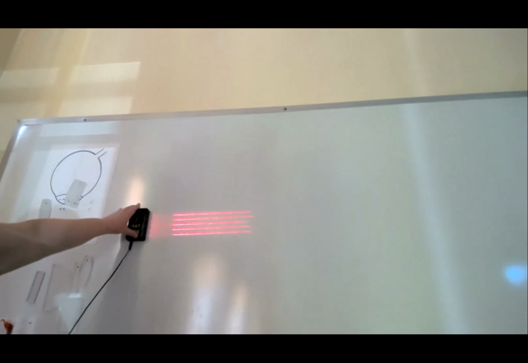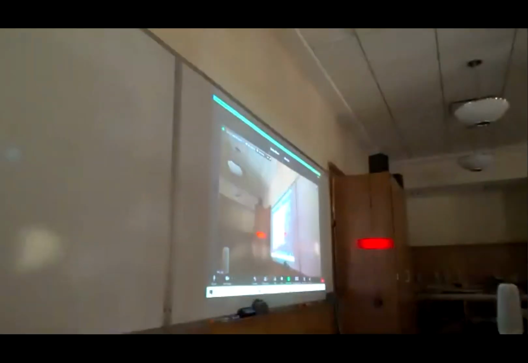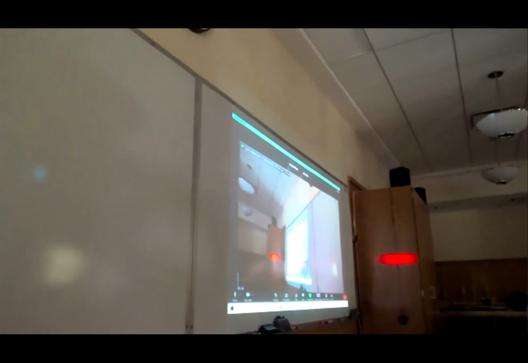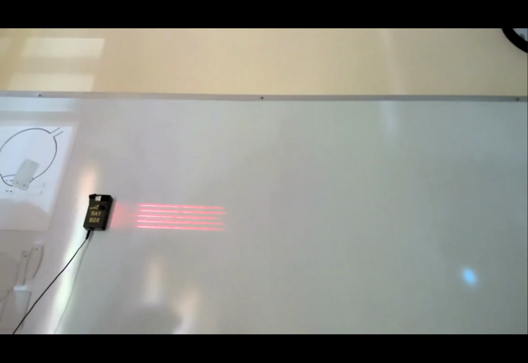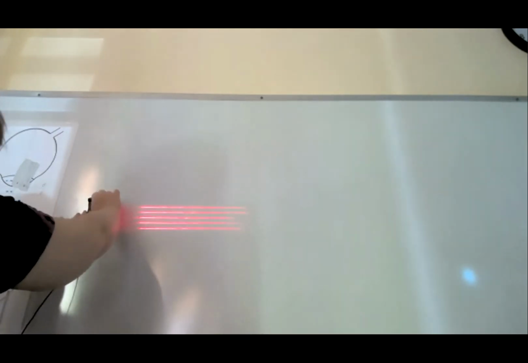So, can everyone see the laser lines? Okay. Those of you who are in the room can also see that the lasers are continuing until we reach the wood. You guys see it on the wood cabinet? Okay. Now, there's 5 on here.